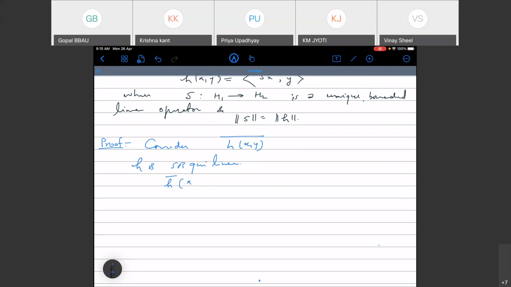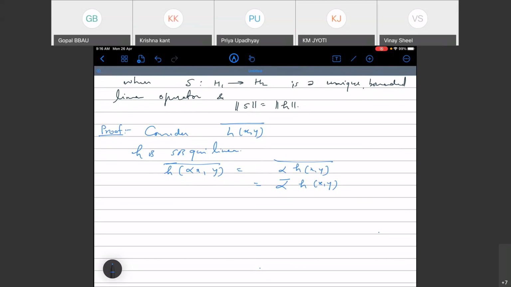So take x1, x2, this part will be easy. So let's take alpha x comma y. By definition this is alpha h x comma y whole bar, which is alpha bar h x comma y.